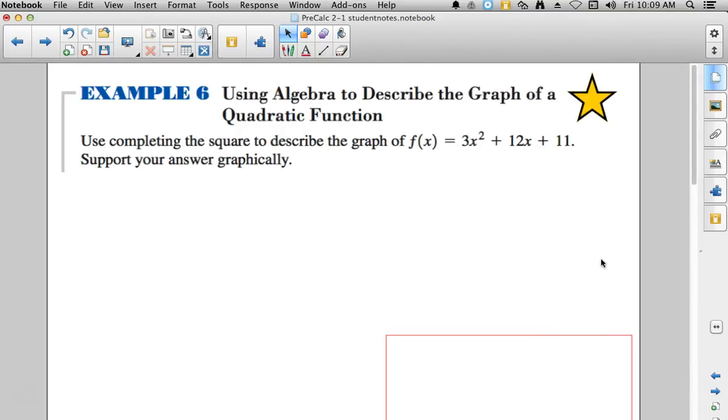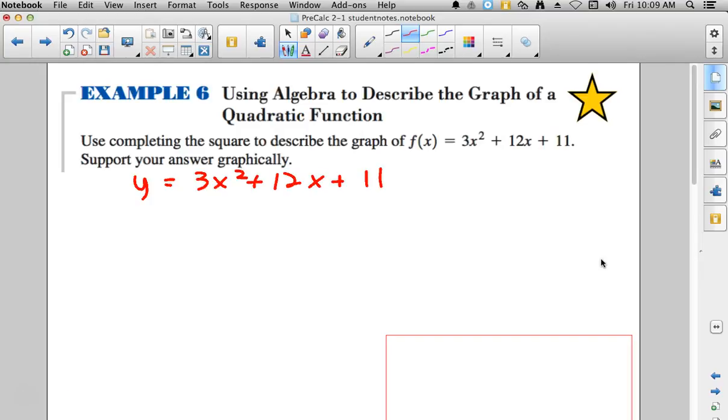All right, let's use completing the square to describe this graph. 3x squared plus 12x plus 11. But this time I'm going to let you guys talk me through it. What do you want to do first? What's next?